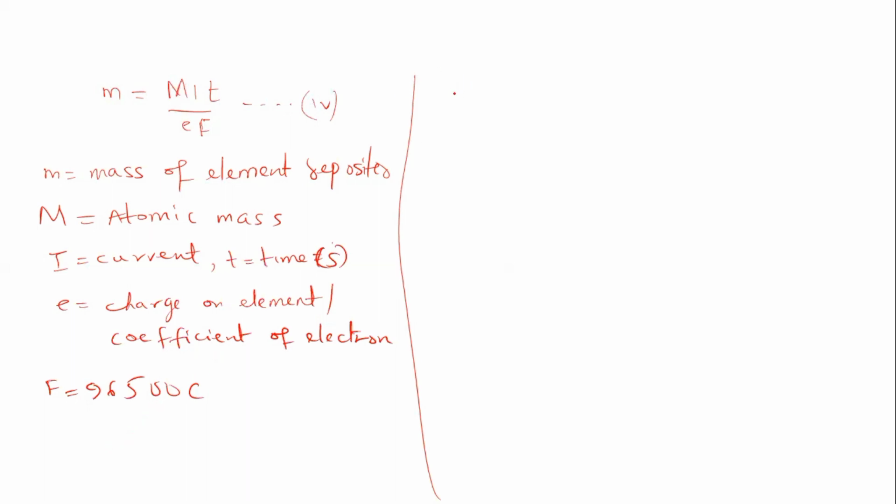Now for the volume of gas given off, we also follow the same formula. But this one will be volume at STP times IT over EF. So see, the same derivation. This volume at STP is usually 22.4 dm cube.